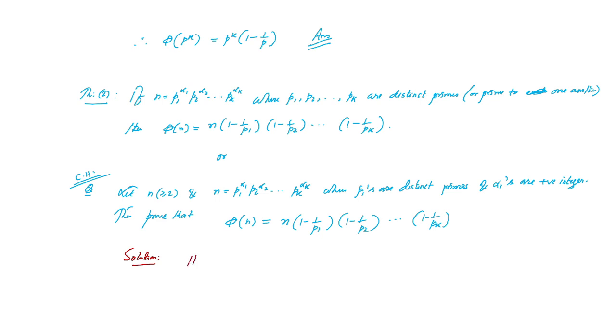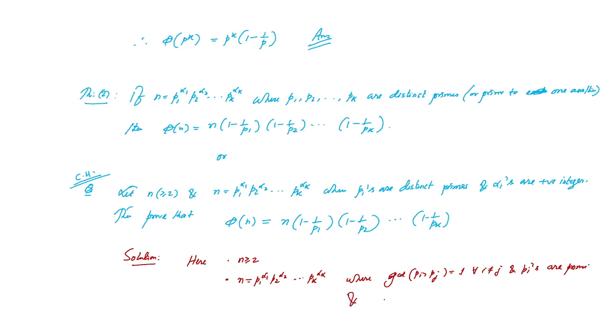So what is exactly given? It is given that n is greater than or equal to 2 and n equals p1 to the power alpha 1, p2 to the power alpha 2, up to pk to the power alpha k, where in the canonical representation the pi's are distinct primes. That means the GCD of any pi and pj is 1 for i not equal to j, and all of p1, p2, up to pk are primes.